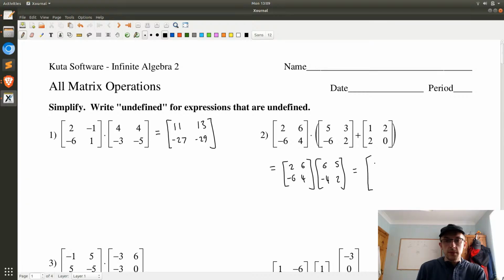So we'll have 12 take 24, which is -12. 2 times 6 plus 5 times 2, that's 12 plus 10, which is 22. Negative 6 times 6 plus negative 4 times negative 4, that's negative 36 take 16, which is negative 52. Negative 30, add 8, so negative 22. Great. Wonderful. We did it.